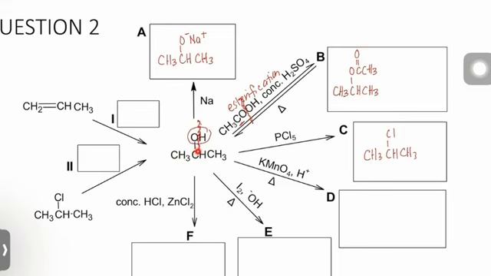Let's recall: primary alcohol oxidized with a strong oxidizing agent gives carboxylic acid, and secondary alcohol oxidized forms ketone. This 2-propanol is a secondary alcohol, so the oxidation of this secondary alcohol will form a ketone.